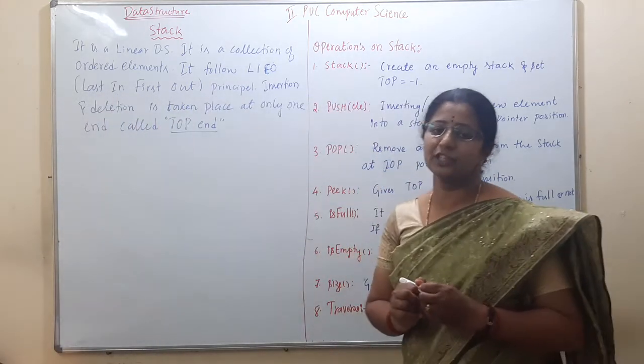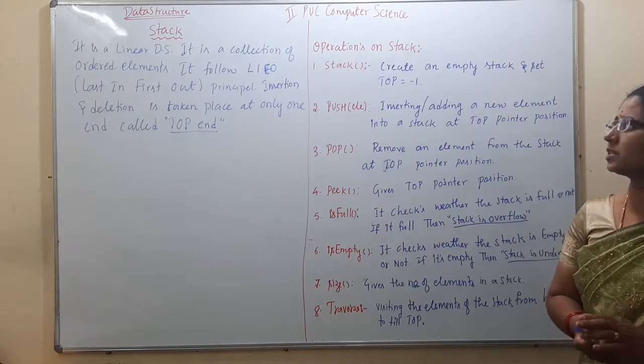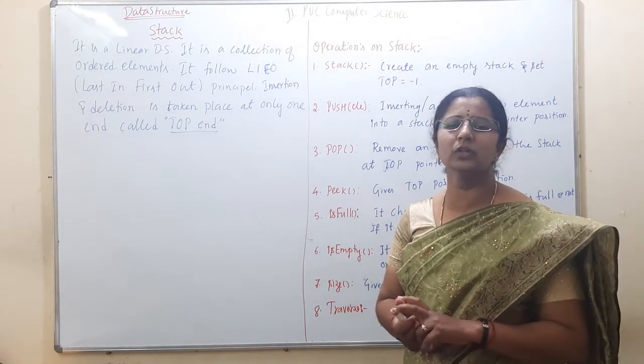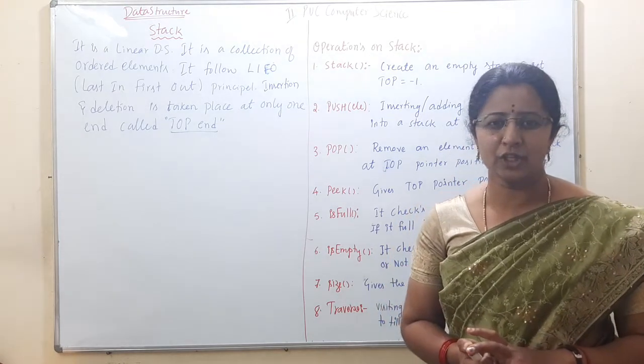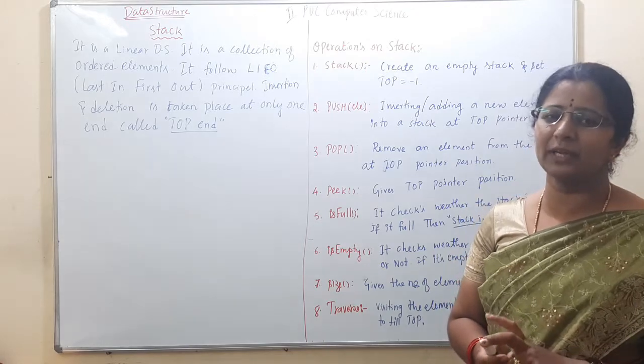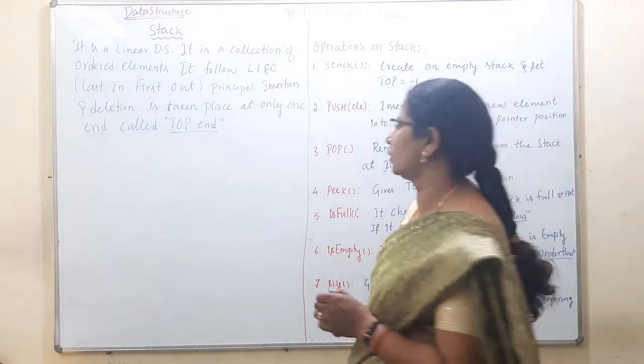Please understand the definition properly. It is a linear data structure. It is a collection of ordered elements. It follows last in first out principle and insertion and deletion take place at only one end called top end.